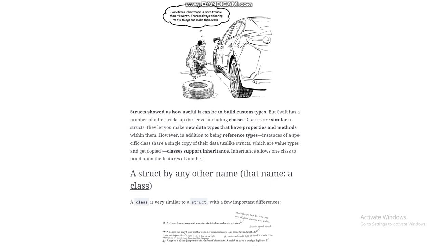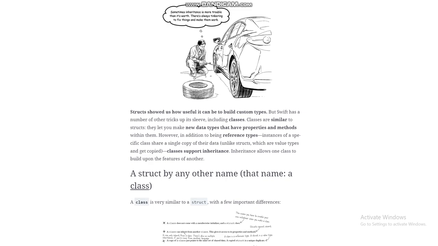However, in addition to being reference types, the instances of this specific class share a single copy of their data, unlike structs, which are value types. And classes support inheritance.